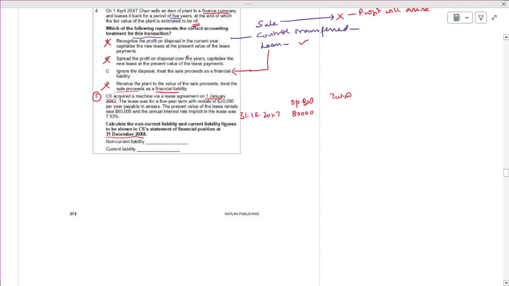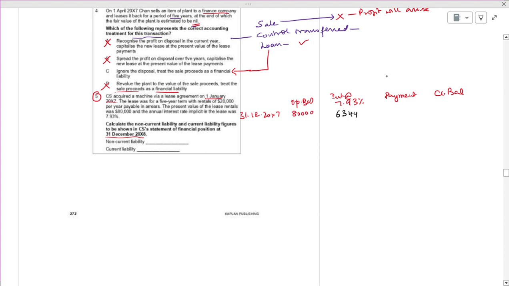Interest at the rate of 7.93%: 80,000 times 7.93% is 6,344.